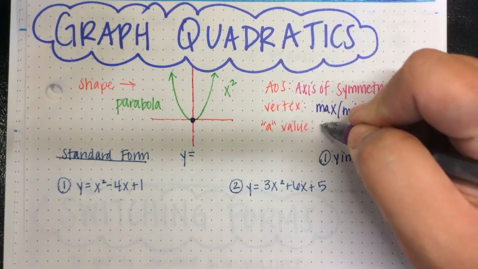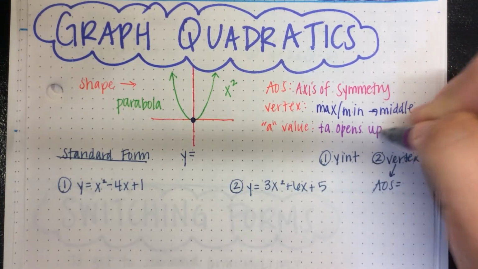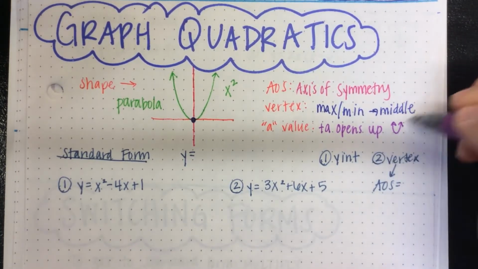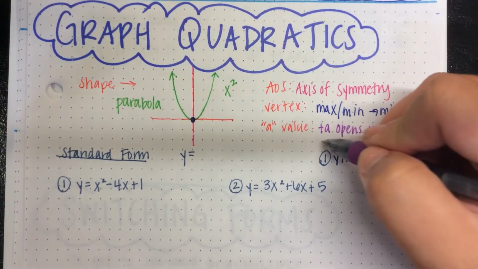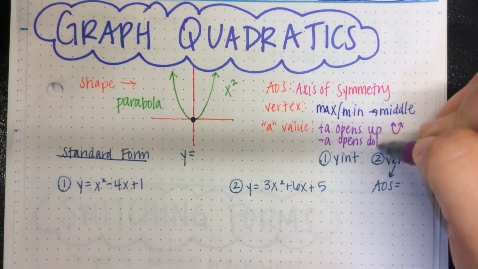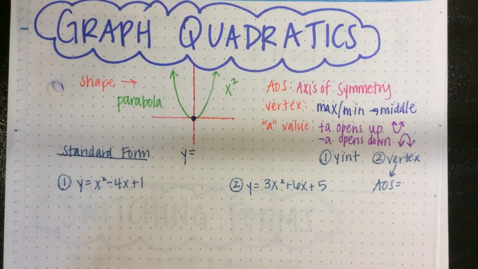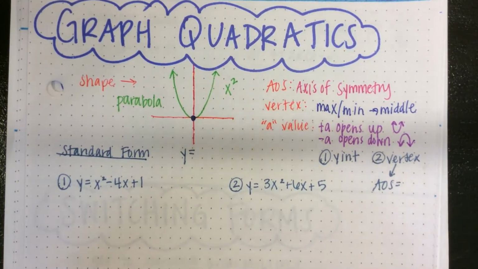All right, so if it's a positive a, your parabola opens up and it's a U shape, or like a touchdown. All right, if it's a negative a, it opens down and it's a mountain, right? It's an upside down U. So you can get that just by looking at the a value, and all 3 forms have that a value.